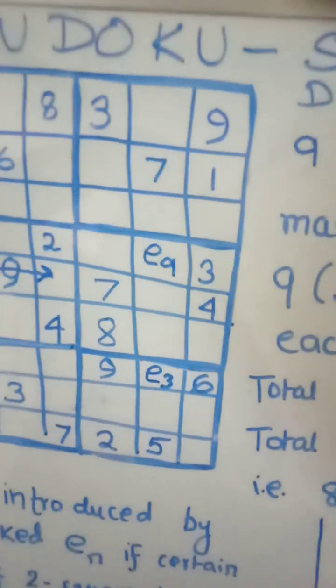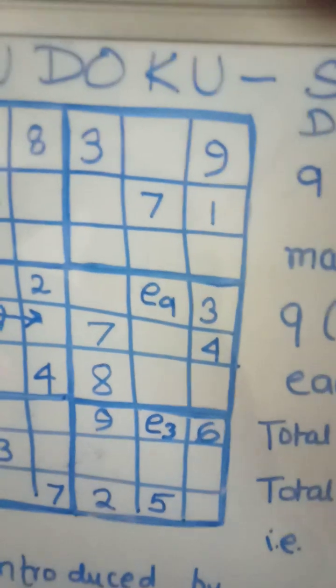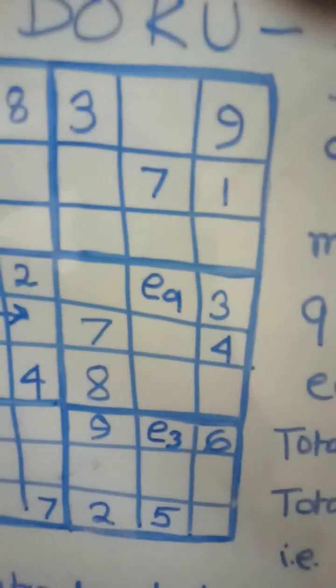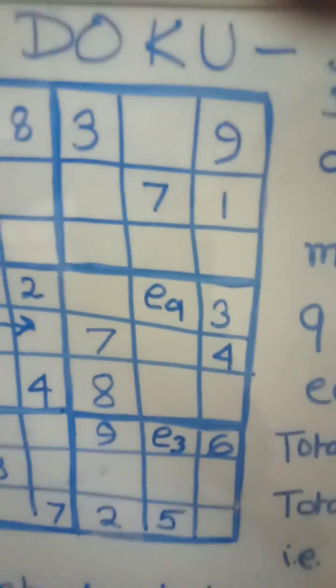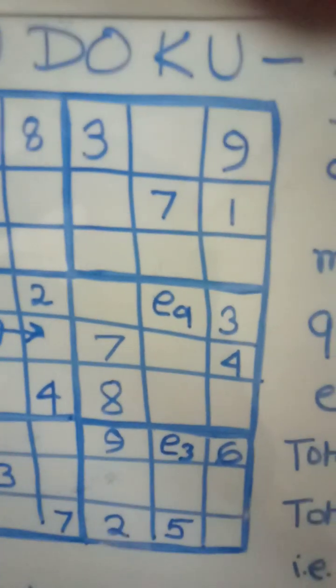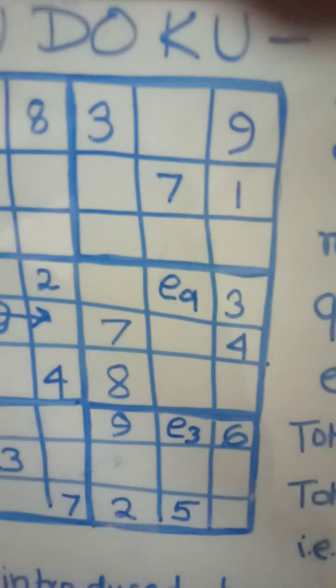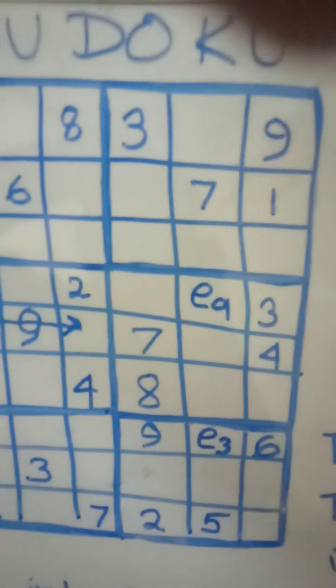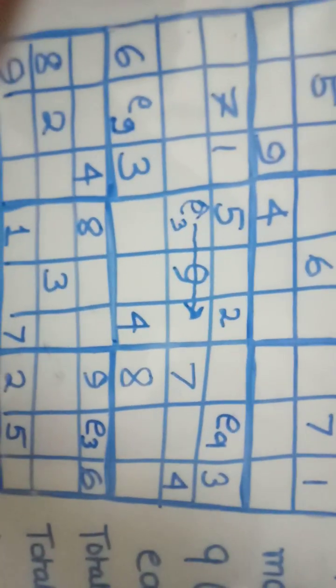And following the same rule which I just said, we can place E9 here and E3 here. Why? Because you can see that 9 in this middle block must lie in the middle vertical column. So where can it lie? Well, if you take a look at this thing, there's a E9 here.